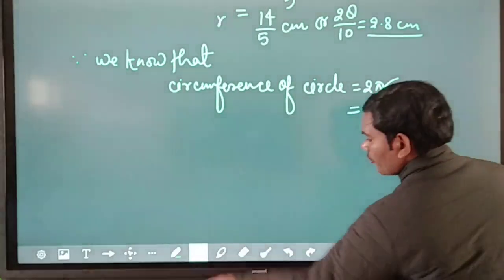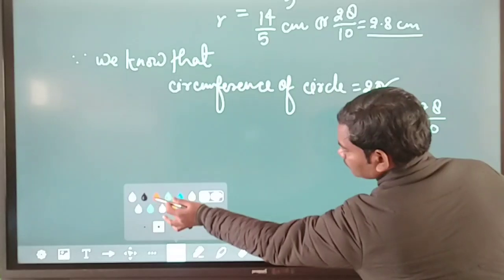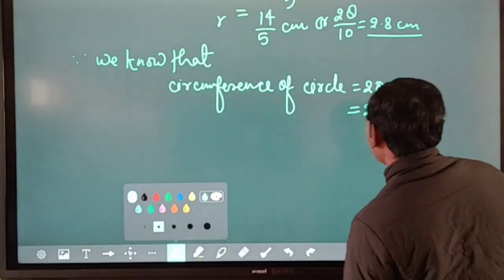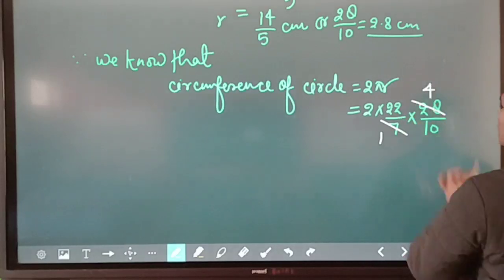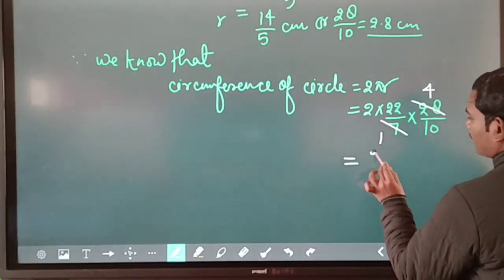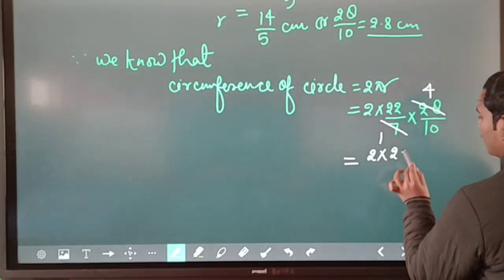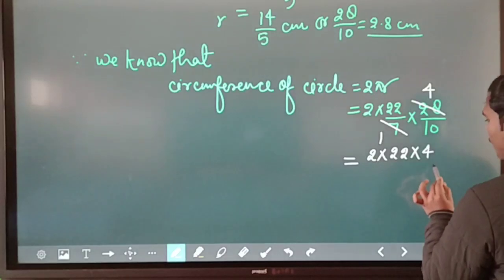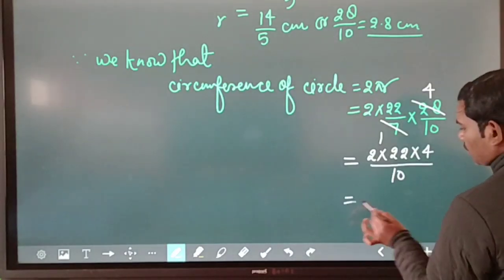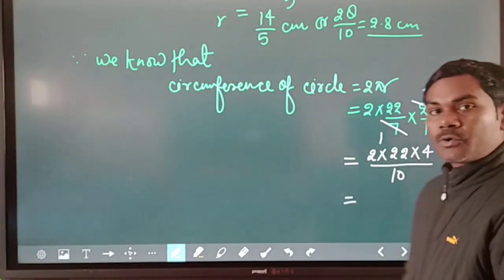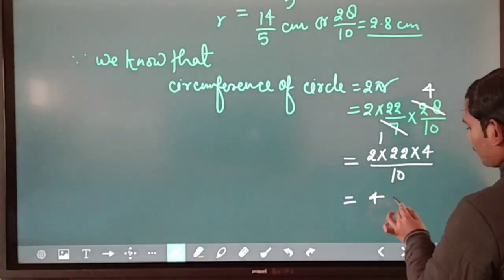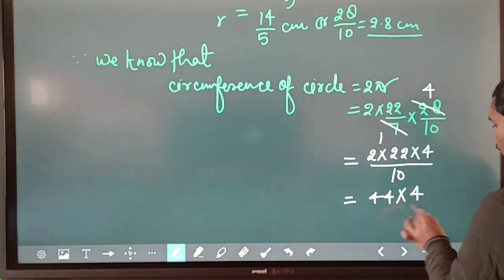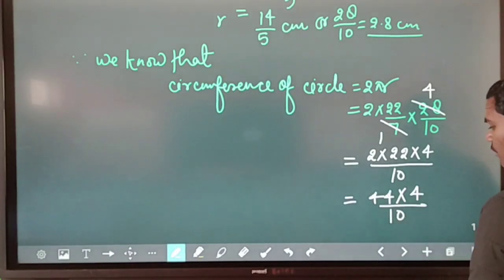7 divides 28 by 7: 7 1s are 7 and 7 4s are 28. So here we get 2 into 22 into 4 upon 10. Now find its product. 22 2s are 44. So we can write 44 into 4 upon 10.